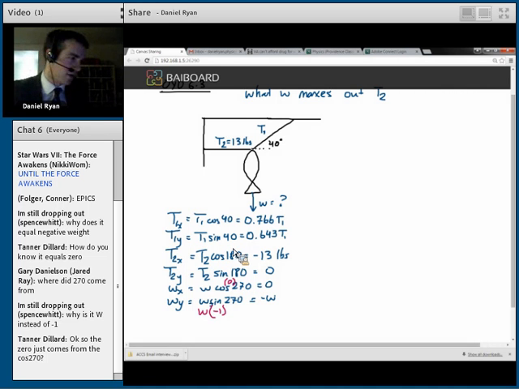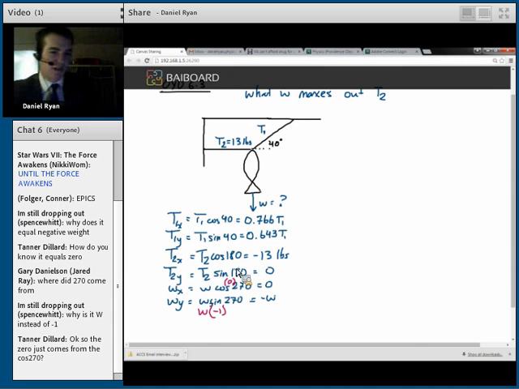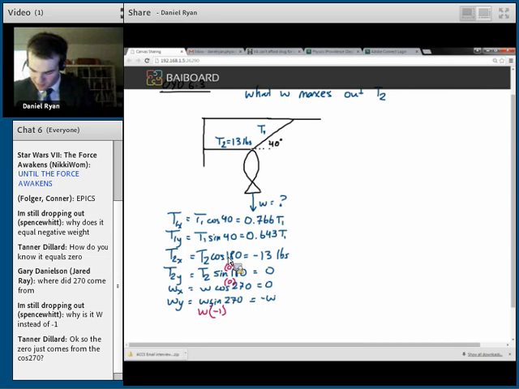Now we happen to know what T2 is, the value, so we plug that straight in. But the sine of 180 is also 0. It's 0, just like the cosine of 270. Right, yep. The cosine of 270 is 0, the sine of 180 is 0, and the flip side of that is these guys are -1. Absolutely right.